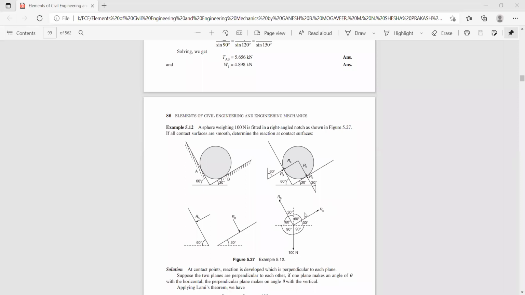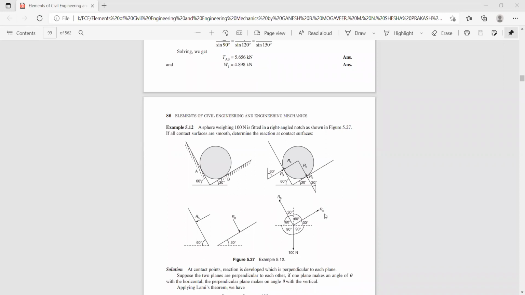Now the same problem can also be solved by the equilibrium method, by which you can calculate the values of RA and RB. We know how to solve this problem by Lami's theorem. Suppose I want to solve it by the equilibrium method: first apply the condition sigma Fx is 0, which is nothing but RA cos 30 minus RB cos 60 equal to 0.